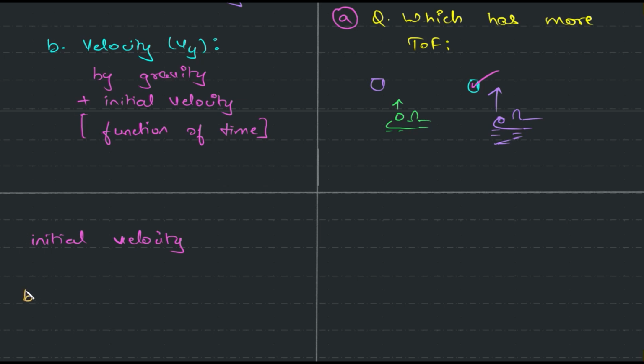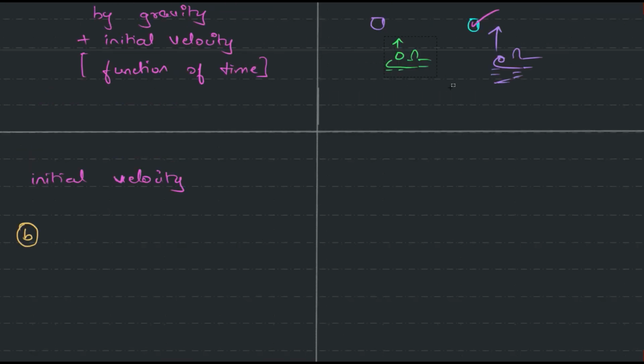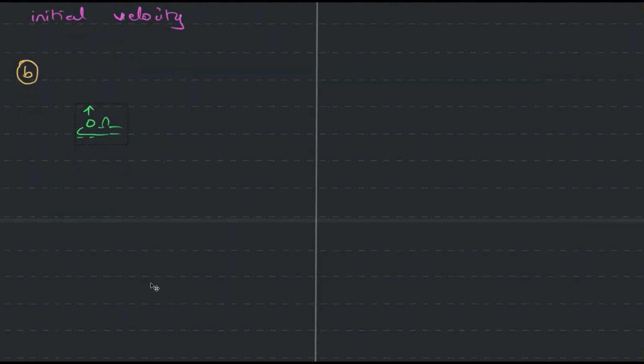Then next is B. I'll give you guys the same picture. This I'm throwing on the surface of the earth. This I'm throwing on the surface of the moon. This is on earth and this is on moon. So which will have more time of flight? Moon. Why?